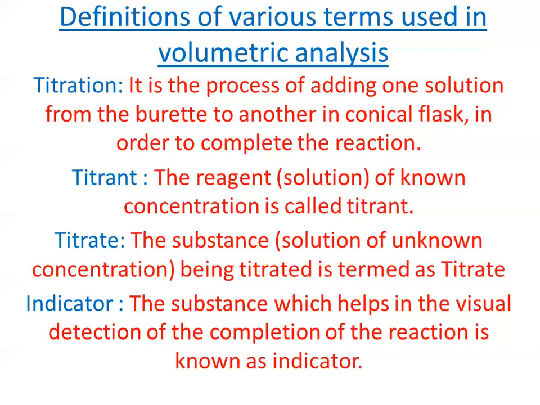What does this foreign substance do? It indicates the completion of reaction. How? It changes color. The indicator will be one color in one solution, and in the other solution it exhibits another color. So due to the color change, it indicates the completion of reaction.